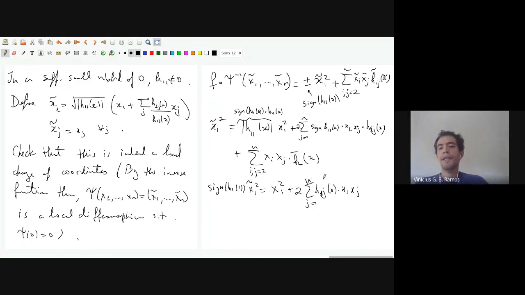I forgot to write the h1j of x. And then plus the rest. But the point is that this part is exactly what appears in the sum hij times xi xj. These are exactly the terms where either i equals 1 or j equals 1.